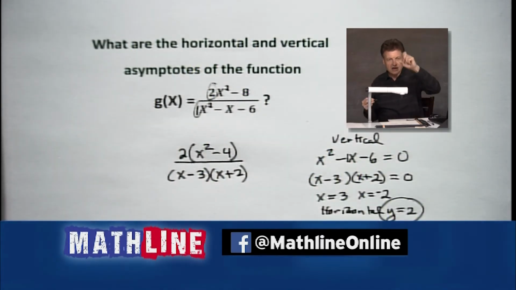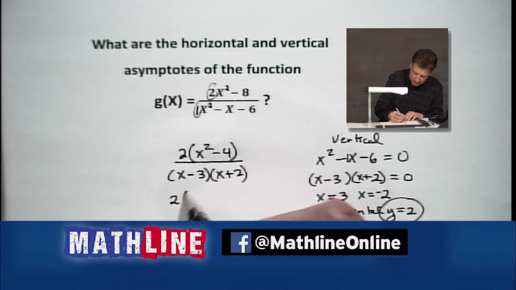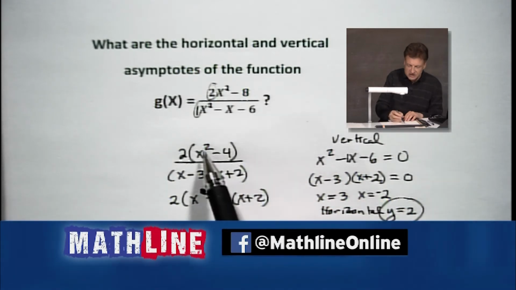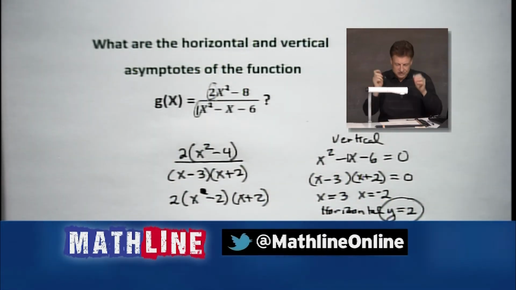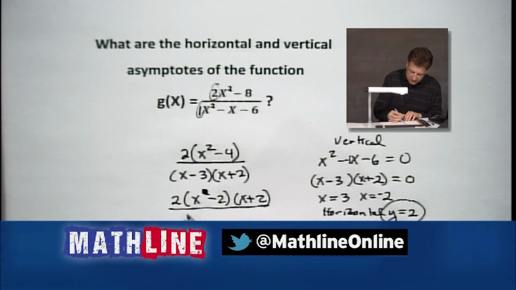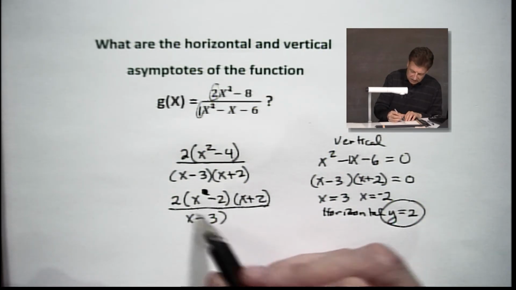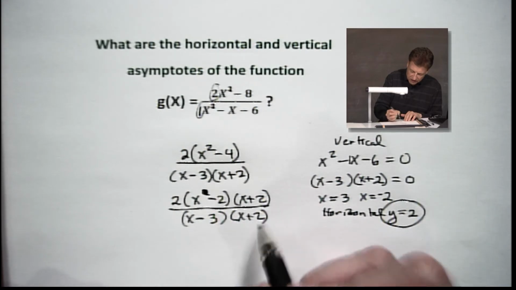All right, now, here's time to play. Got to break this little guy up on top. Times x, let's go ahead and say x minus 2, x plus 2, because that's what x squared minus 4 will break down to. Underneath, we have this x minus 3 and x plus 2, which we found a little bit earlier.